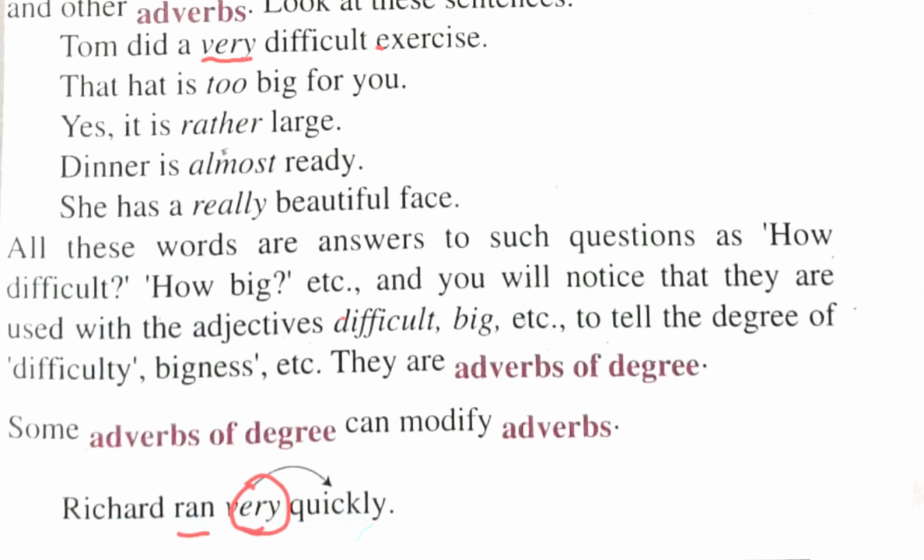It means quickly is modifying the verb. So that's why quickly is an adverb. Again, if we put here very, that time we find the word very is modifying the word quickly, which is an adverb. So that's why it is written here, adverbs of degree can modify adverbs.